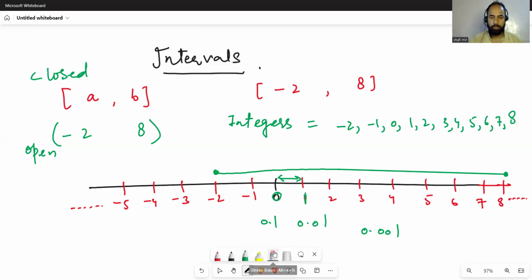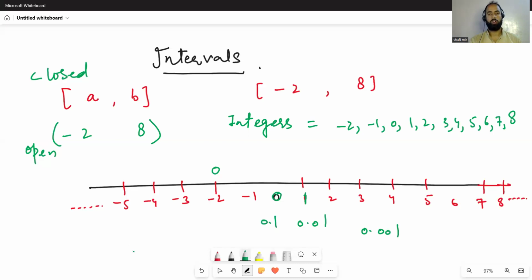How do we show it with a line? On minus 2, you have to show a hollow dot because minus 2 is not included. Up to positive 8, also draw a hollow circle, because 8 is not included. So this is called an open interval.